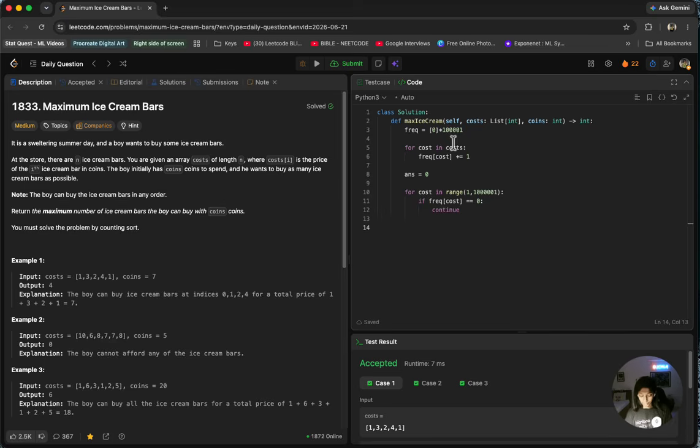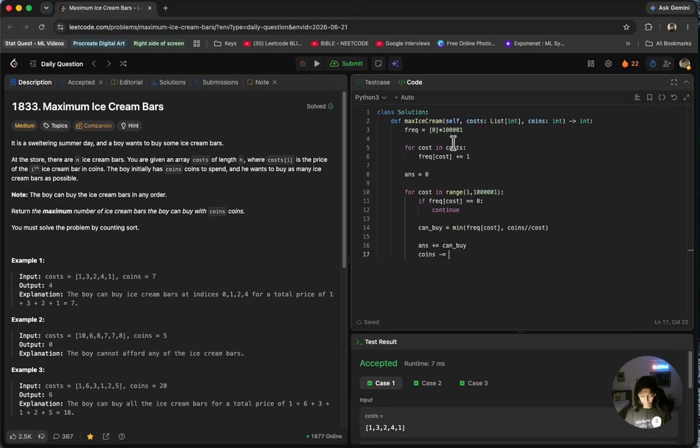Okay. And now if there are items there, let's see how many I can buy. So as we saw, the amount that you can actually buy will be the minimum of how many items there are at that cost and how many I can possibly buy with the number of coins that I have. So coins by cost. Okay, and now we want to add that to answer, right? So this is how much I was able to buy at this price. And we also want to decrement coins.